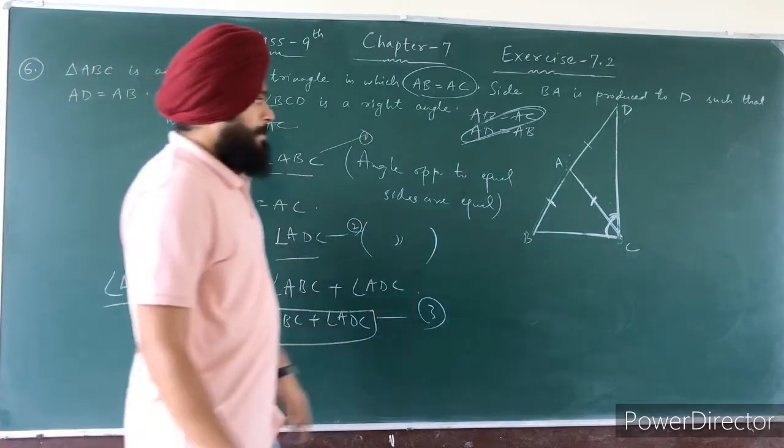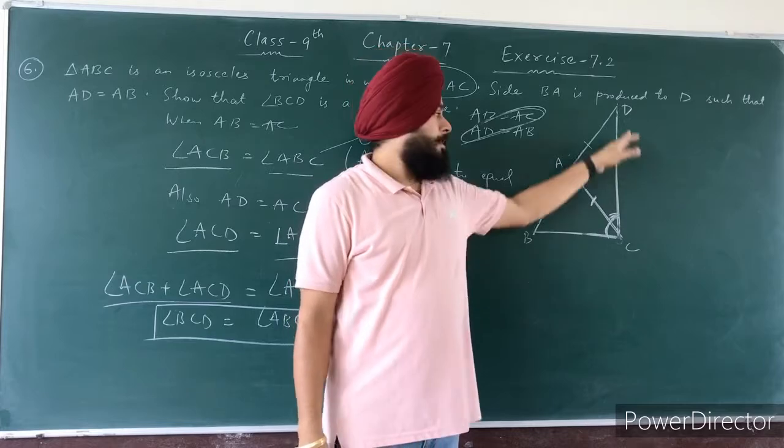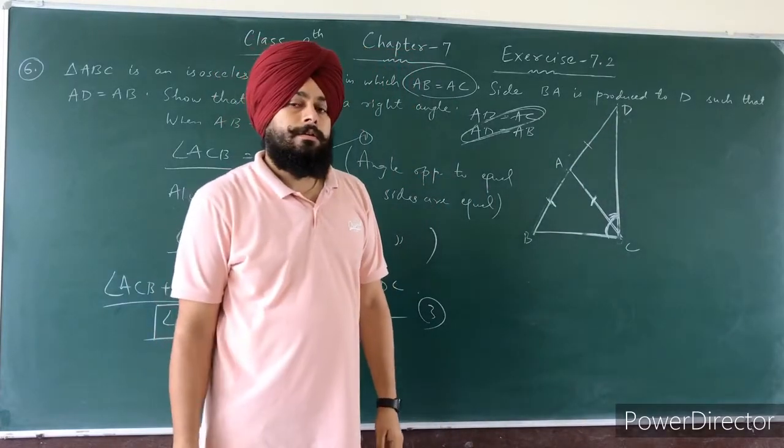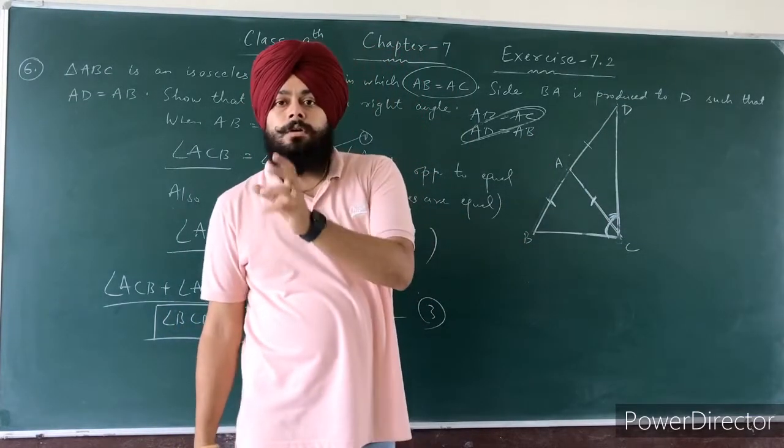Now you can see that BCD is a complete triangle and the sum of all the angles in this given triangle is 180 degrees. Alright, complete triangle के सारे angles का sum total 180 होगा.